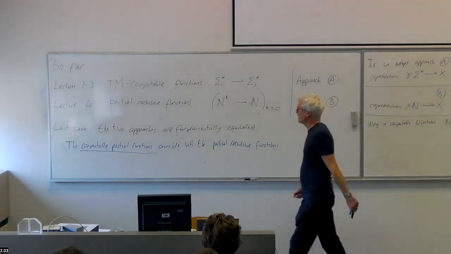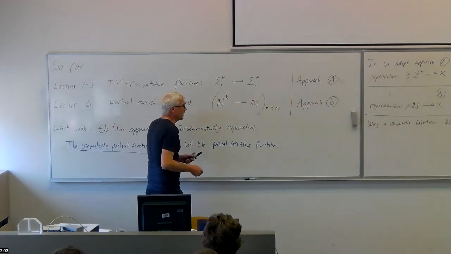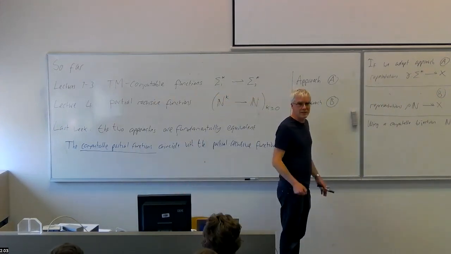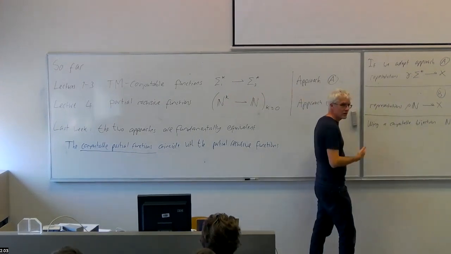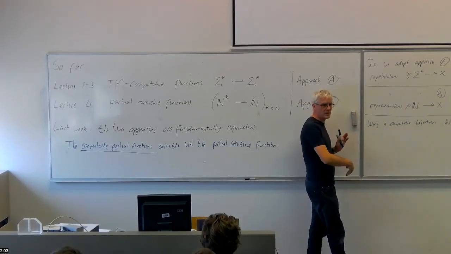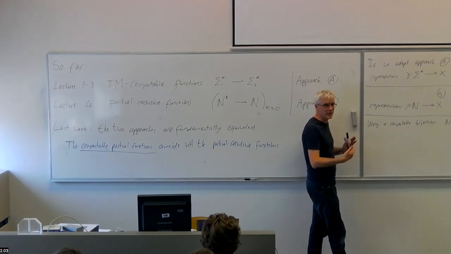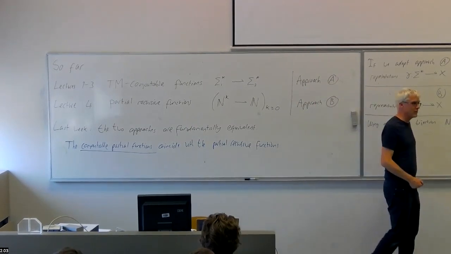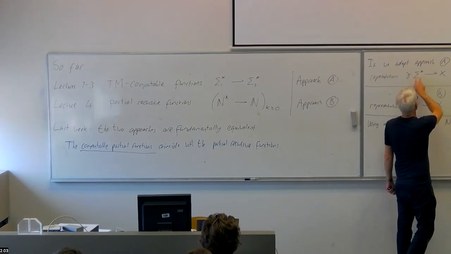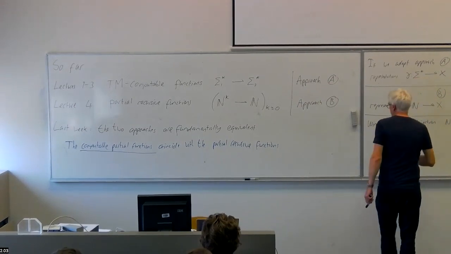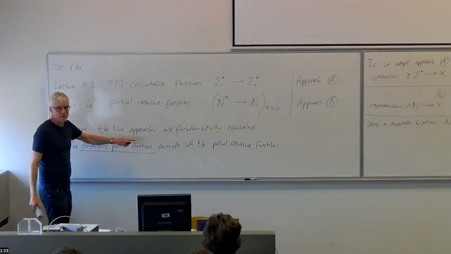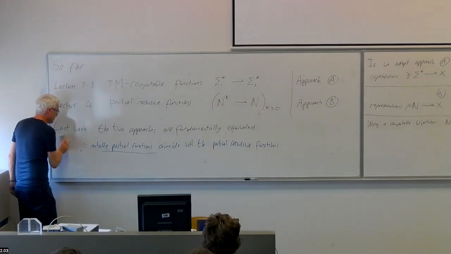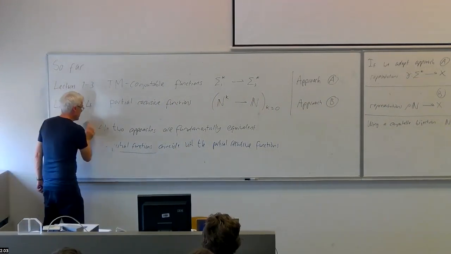So rather quickly, I'm just going to make some redefinitions, but I'm not going to go through all the details. I'm not going to define again what it means for a function from a representation X to a representation Y to be computable, because it's the same thing: you just change words over the alphabet sigma to natural numbers, and you replace Turing machine computable with a computable partial function on natural numbers.